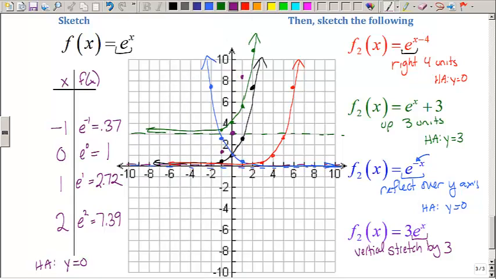So at 1, I have a point at 1 comma 8.16. Now I can sketch the graph, and that black function looks like it was stretched in order to make the purple function. Each of my points is now 3 times as tall as it was before.